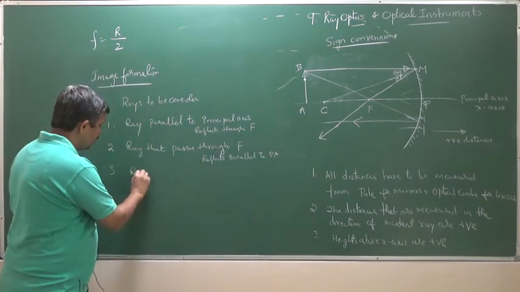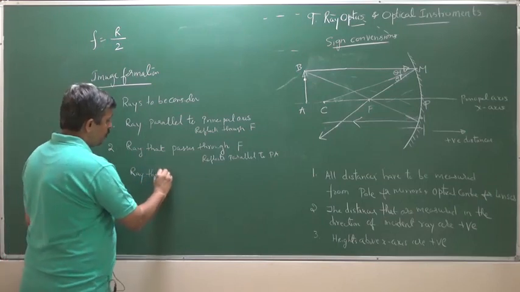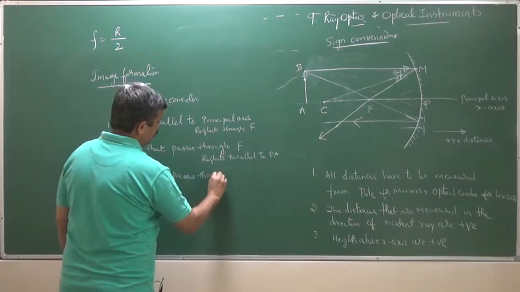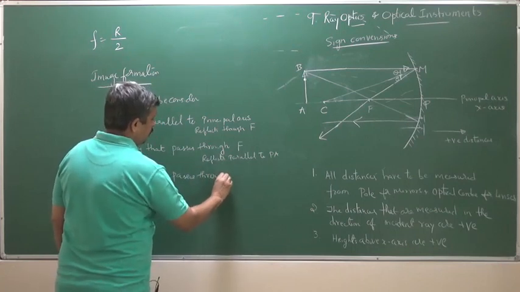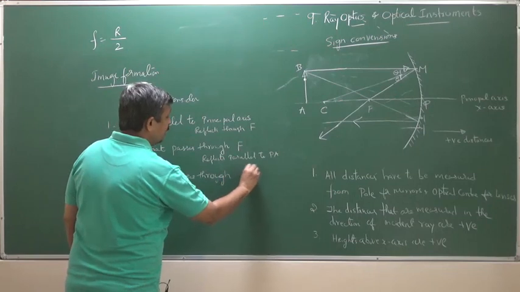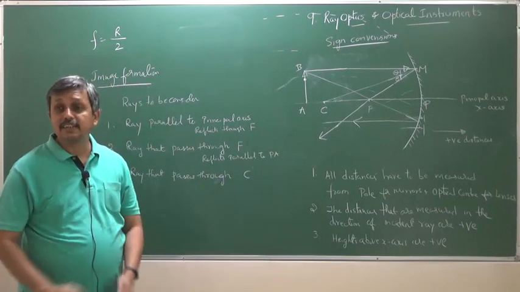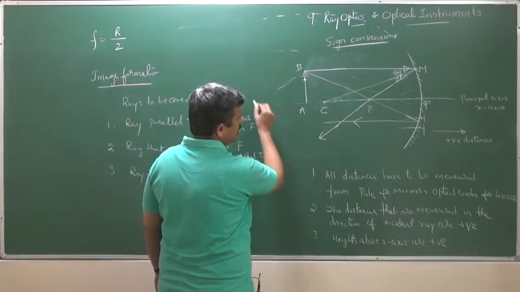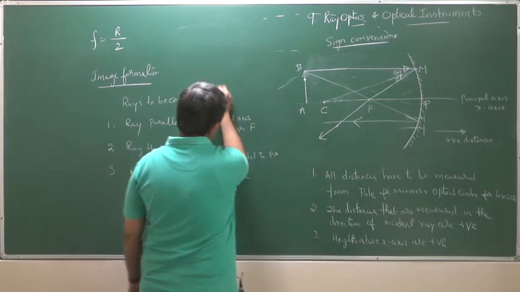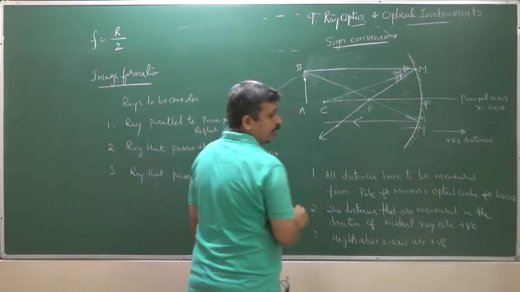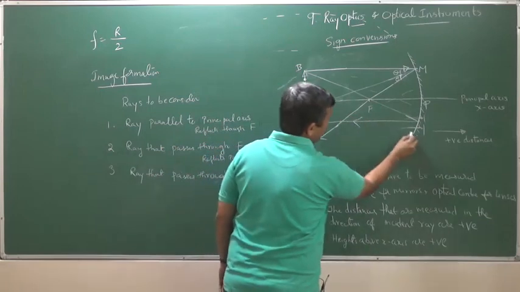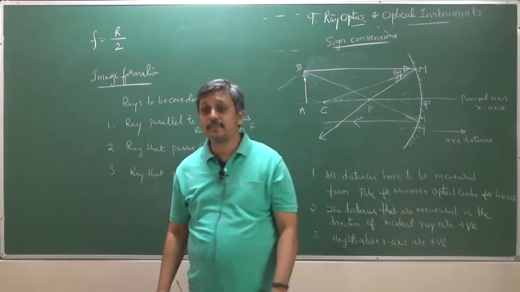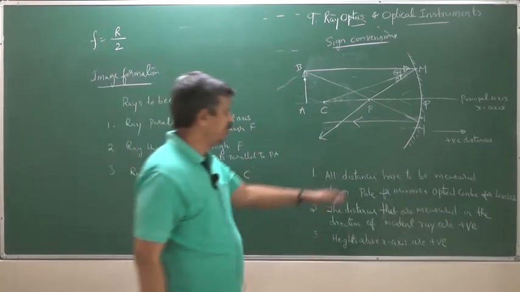Ray that passes through C. Suppose if I could draw, now I cannot draw here, suppose if I am far here, I could draw through C. So through C, if any ray goes, it is hitting the mirror at right angles, because C is the center and this is a circle.